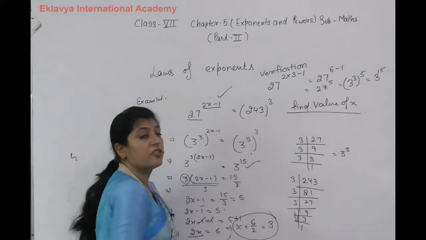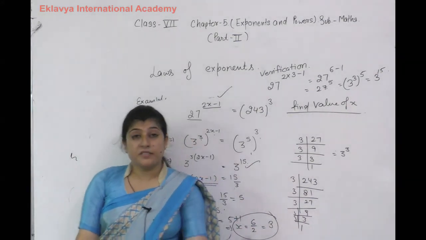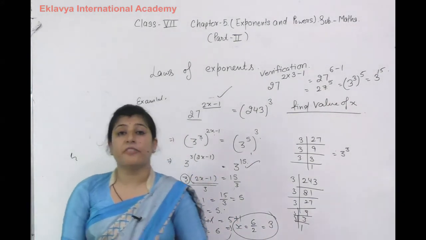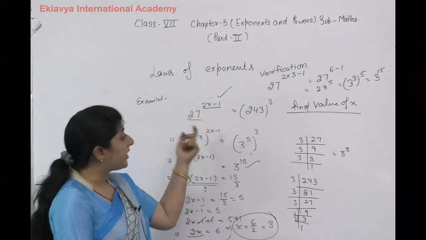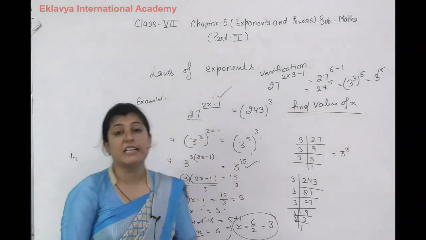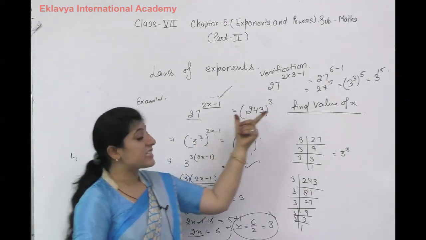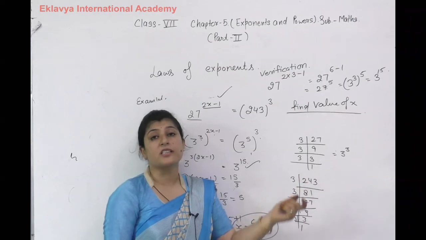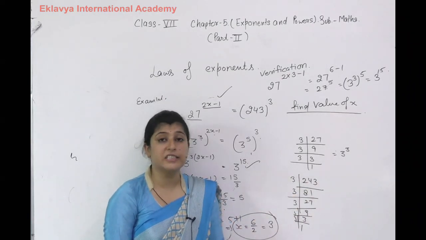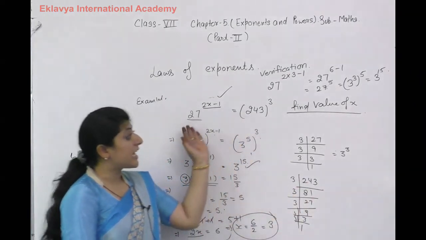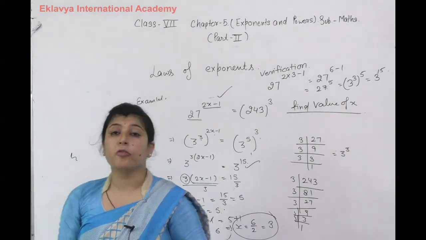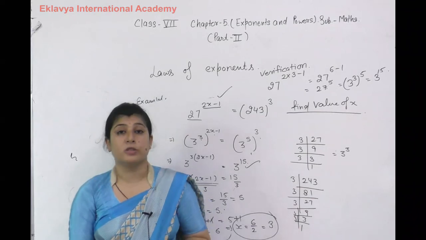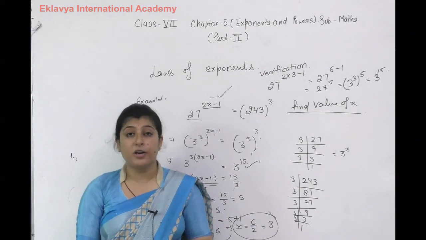This is the solution of it. It means after finding the value of x, we can verify from our question also. When you put the value of x in the LHS, you get exactly the RHS, it means your answer is right. Otherwise it is wrong. So check it also whenever you are practicing these types of questions, and check that your answer is correct or not.